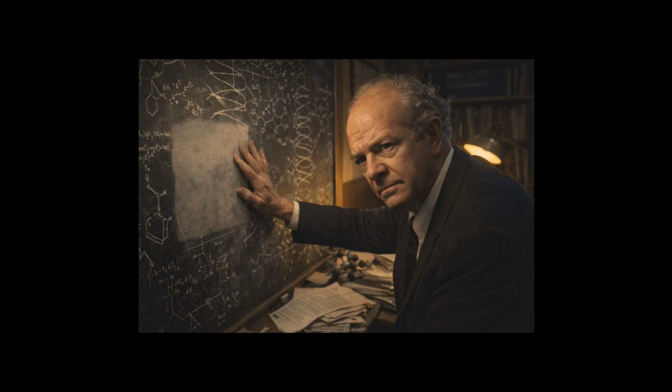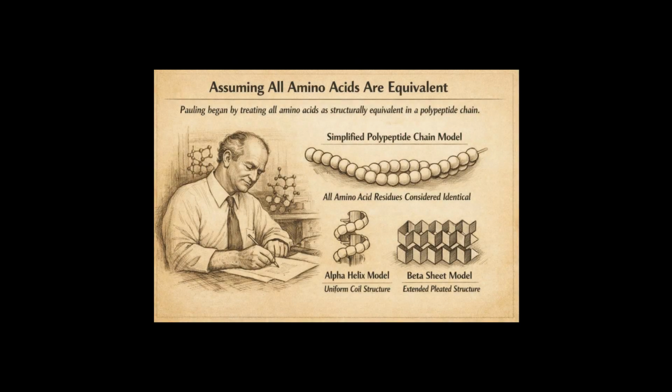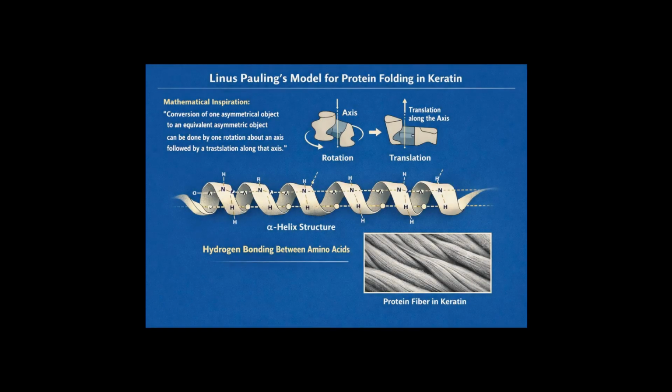When he started working on this again, he first started by assuming that all amino acids are structurally equivalent in terms of how they could be folded in a polypeptide chain, and inspired by a theorem of mathematics, which states that the conversion from one asymmetrical object into an equivalent asymmetric object could be accomplished by one rotation about an axis followed by a translation along that axis.